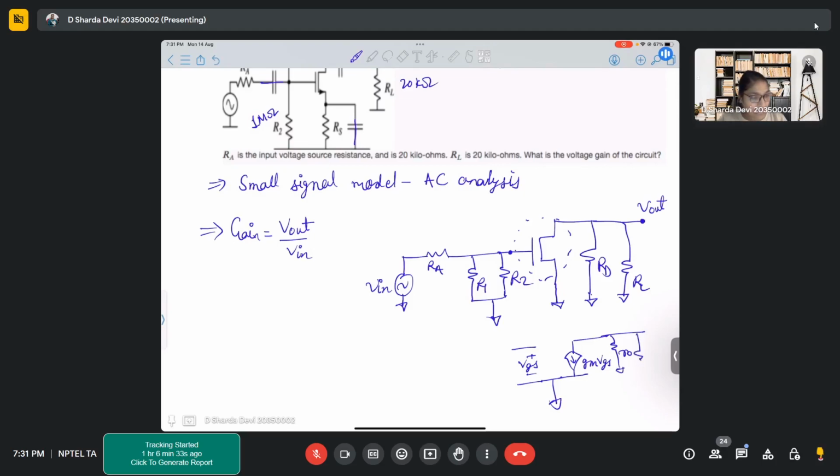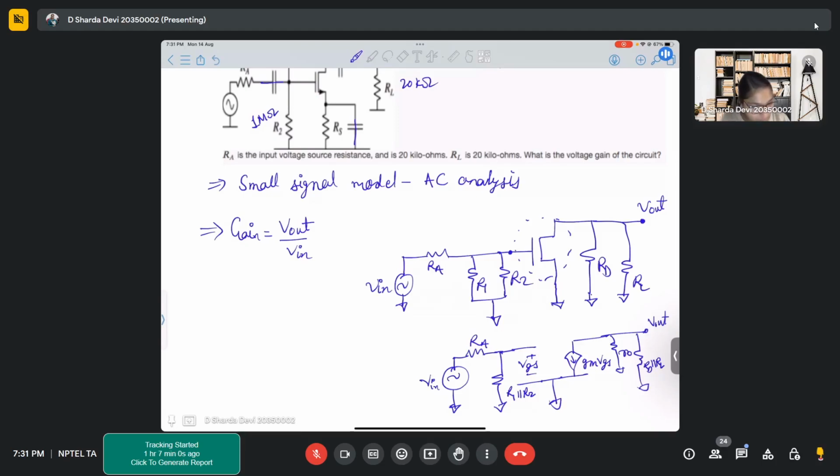And with that you will have your RD parallel to RL. Here it is V naught, and here we have R1 parallel R2 in series with RA, with V in.